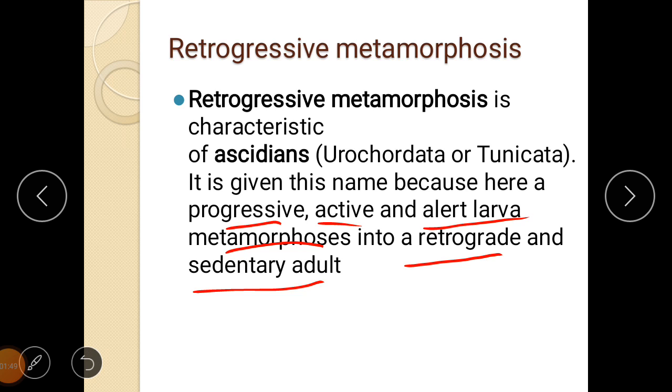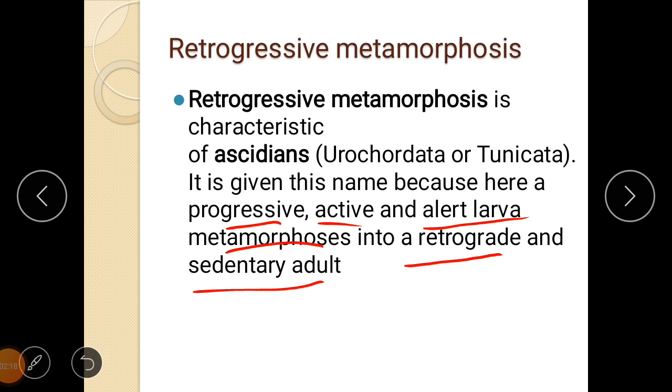But in the case of this Ascidian tadpole, instead they show some primitive characters, from advanced to primitive. For example, if you take the notochord, in the larval stage they have a very well developed notochord. As they become adult, this notochord disappears or is very much reduced, which is retrogressive.